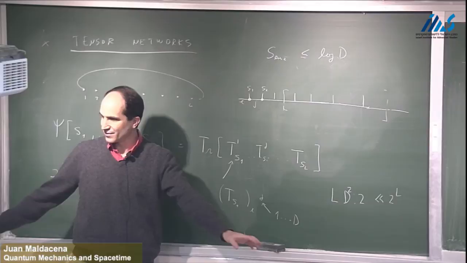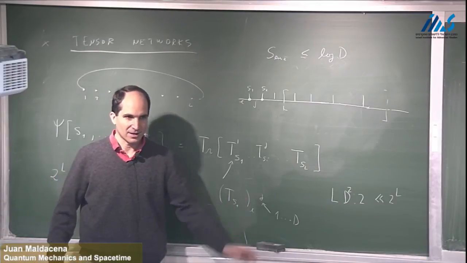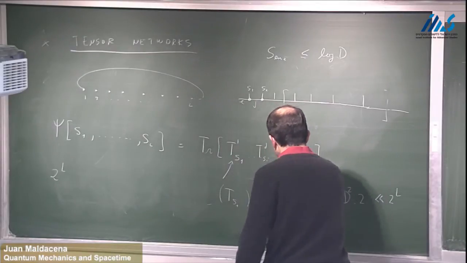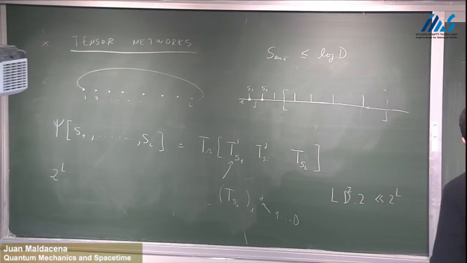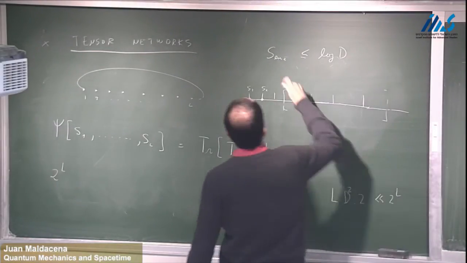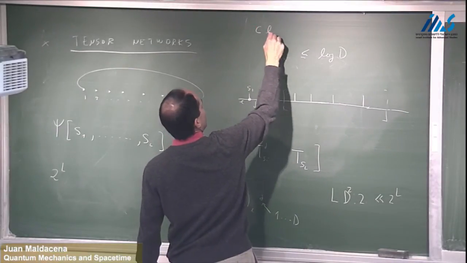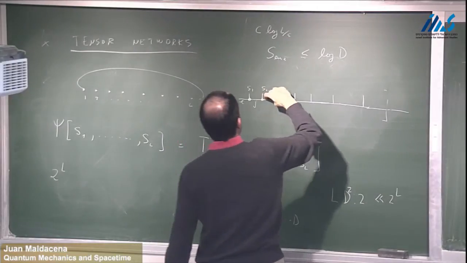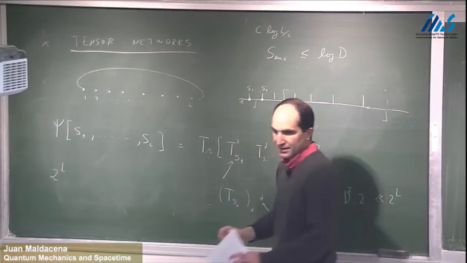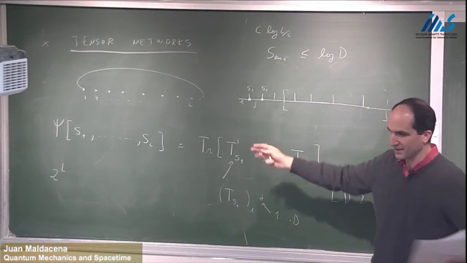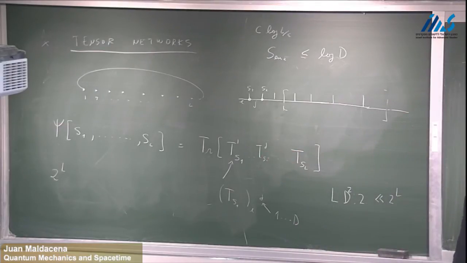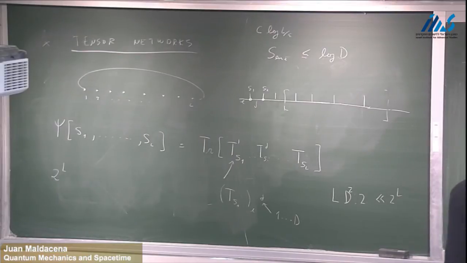If the theory becomes conformal in the infrared, then this is not a good description of the system, because in that case, the entanglement entropy in the infrared, recall, will go like, right, epsilon here is of order 1, the lattice spacing, and L is infinite for an infinite system, so it doesn't work.